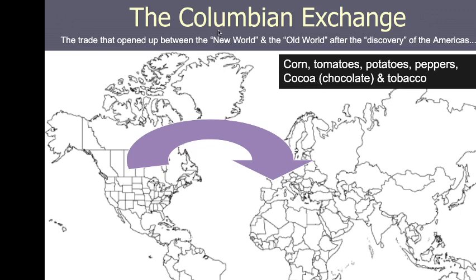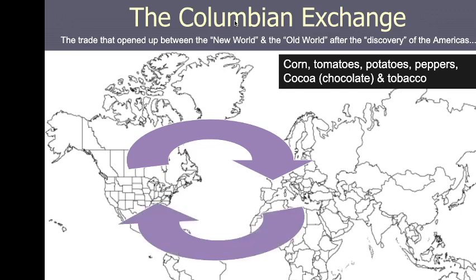So this Columbian exchange is going to change everything. It might be one of the biggest concepts ever in this European history class. There were goods that were brought from the Old World, that's Europe, Asia, and Africa, to the New World, North and South America. And a lot of this has to do with things that are needed for Christianity.